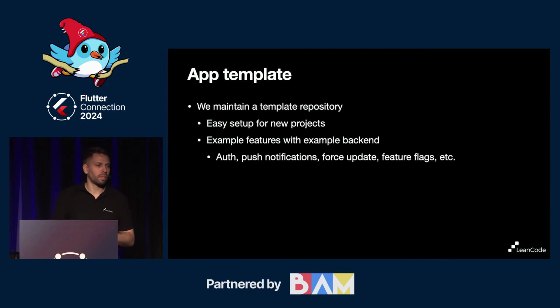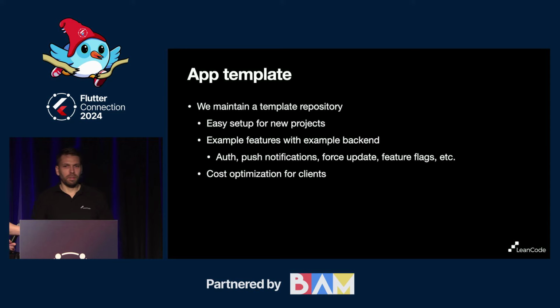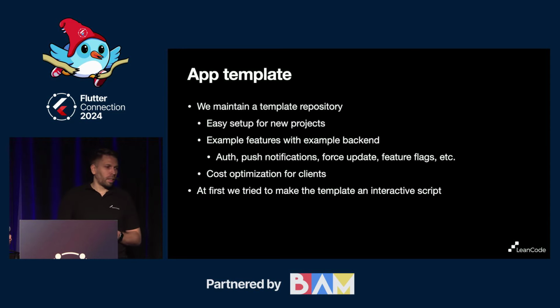Some features are integrated. Those are features like authentication, login with Facebook, Google, Apple, etc. Things like force update and feature flags that you typically want in most of your apps, at least at some point. So it's good to have them from day one. It provides a huge cost optimization for our clients.